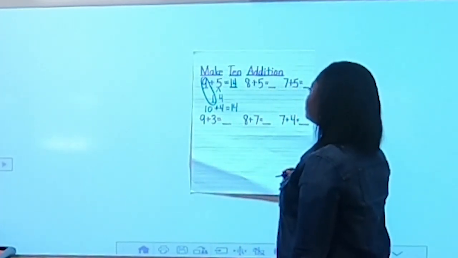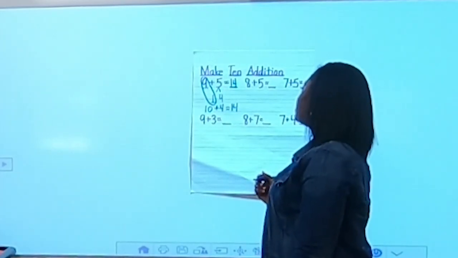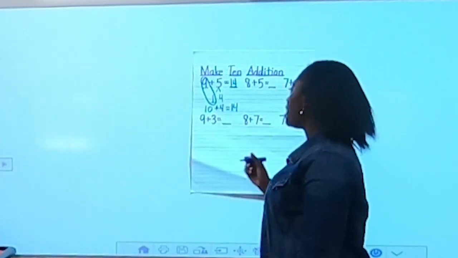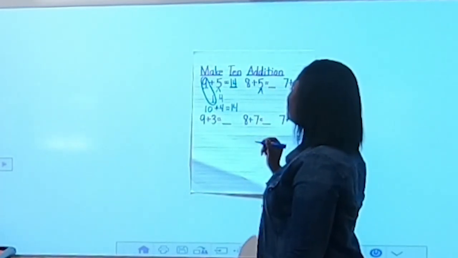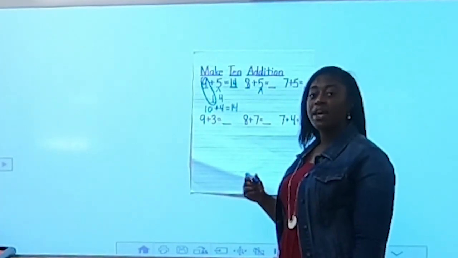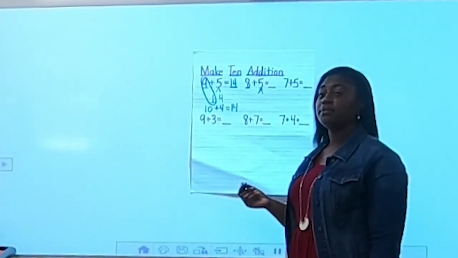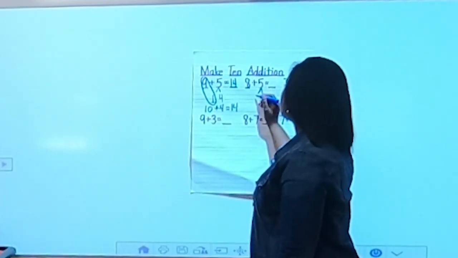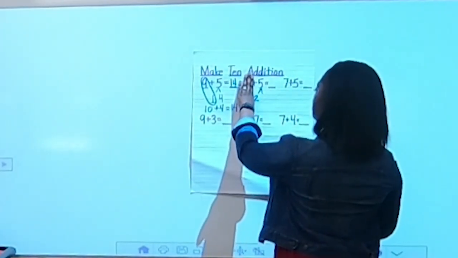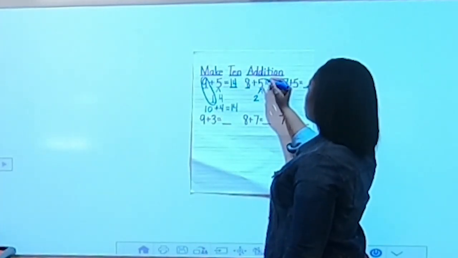Let's try another one. 8 plus 5. Again, we break apart our smaller number. That's right. This time we look at the number 8 and we think 8 and what makes a 10? You got it, 8 and 2. Now focus again only on the 5. 2 and what makes 5?